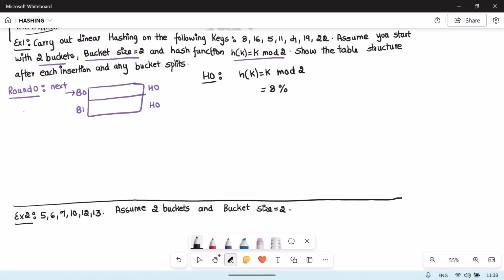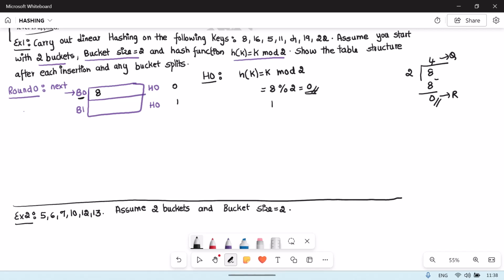So 8 mod 2 is 0. When you divide 8, 2 times 4 is 8, subtract, 0. This is your quotient, this is the remainder. So the remainder has to be written. When it becomes 0, this is the 0th bucket. Like in extendable hashing, here also 0 and 1 will be there. So 8 will go here, in bucket 0.